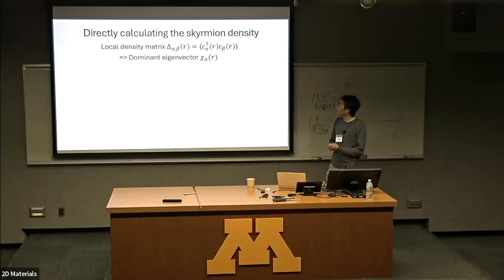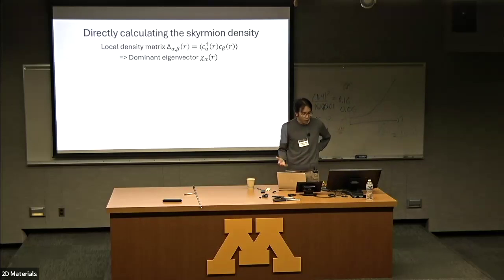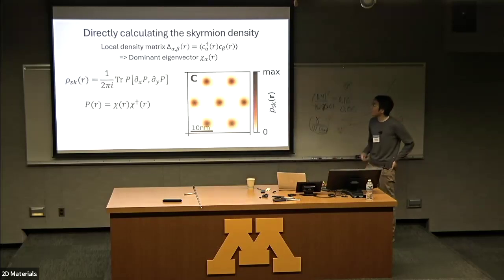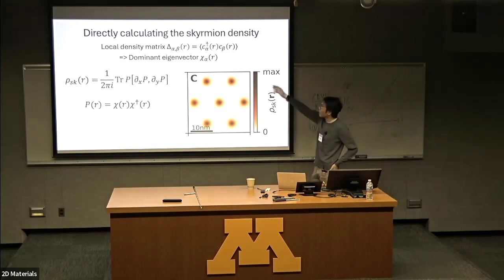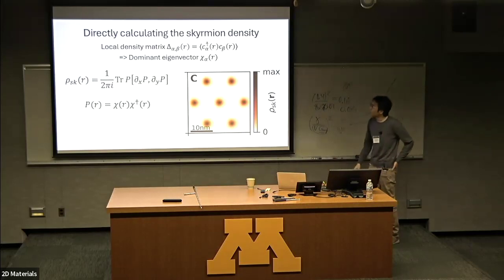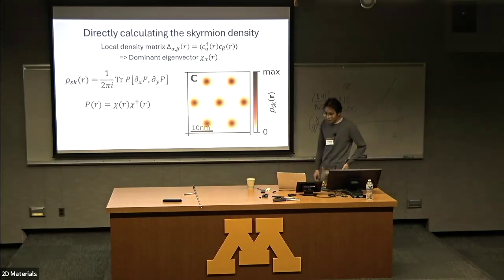And the eigenvector corresponding to that now defines a texture in this n-component spinor space that varies with space, with position. And from that, we can define a skyrmion density. So there's a formula for it. You take this eigenvector, you take the outer product, and then you calculate this density. And that is shown here for the Hartree-Fock state.